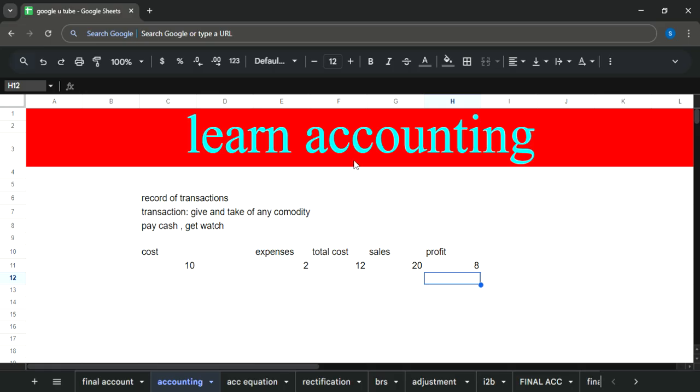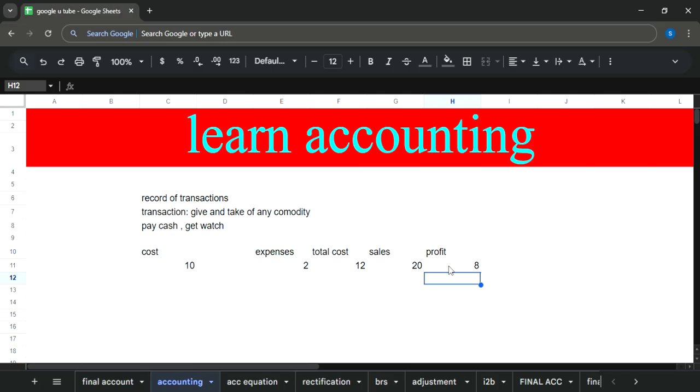Now with the help of accounting you will be able to learn how to record when you have made a transaction to purchase that commodity, then how you will record a transaction when you have made some expenses, and how you will record the transaction when you have sold that commodity, and how you will record a transaction where you have got the profit of 8 rupees in this example.